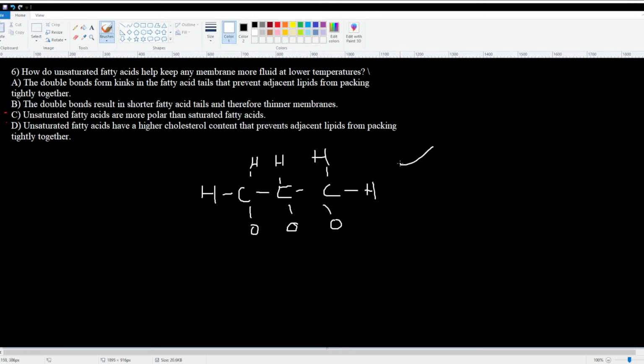This is your glycerol backbone. Okay, so when we have glycerol, what happens is glycerol can attach many different things, but in the case of something like a triglyceride, it can attach 3 fatty acids.